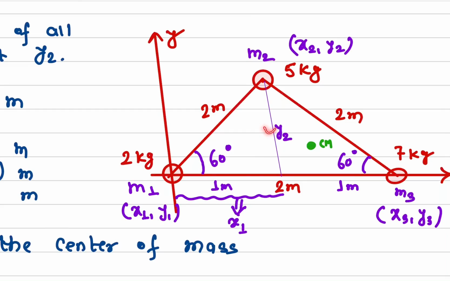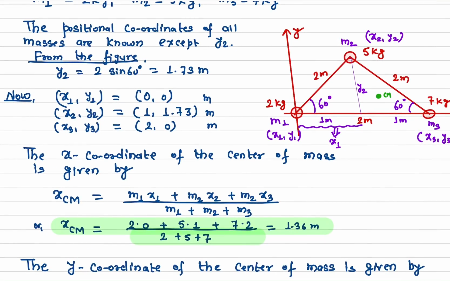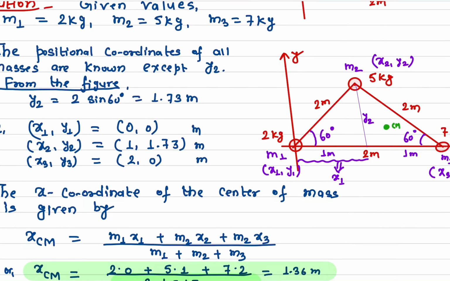So this length y2, if we look at this triangle, we can calculate y2 by using sine 60 degrees. Sine 60 degrees is perpendicular over hypotenuse, which is y2 over h, and the hypotenuse is 2 meters.